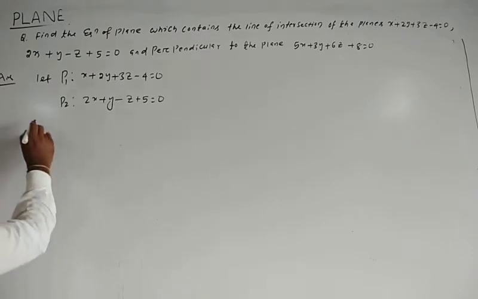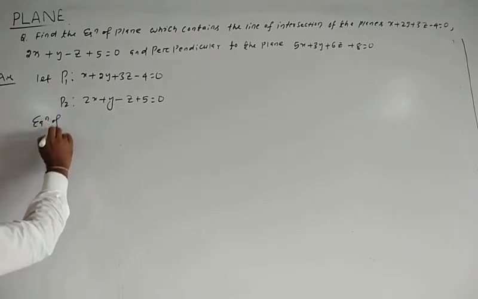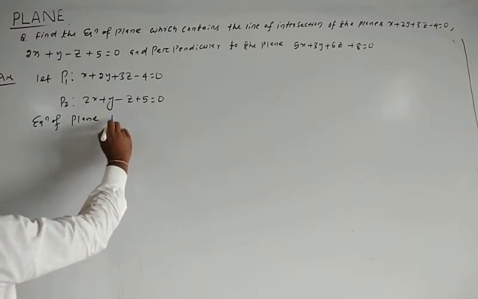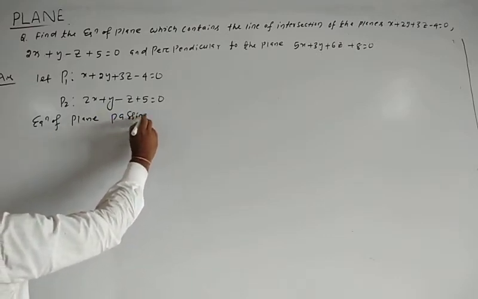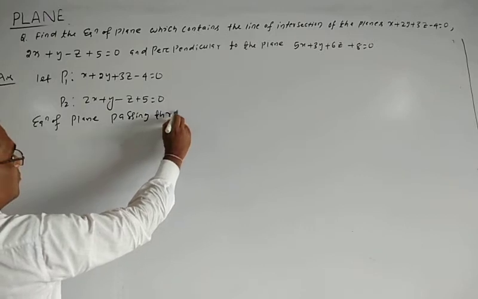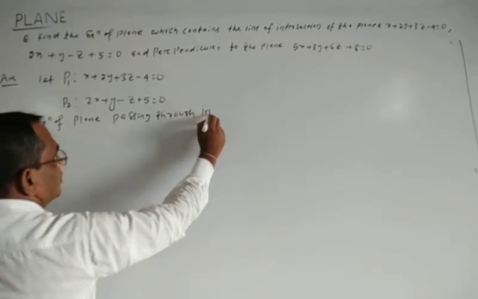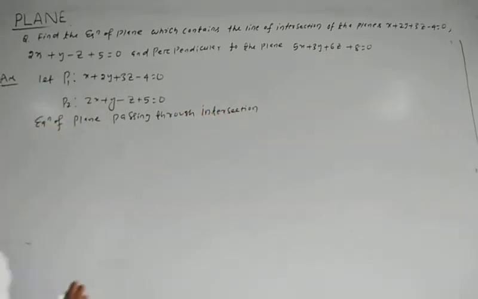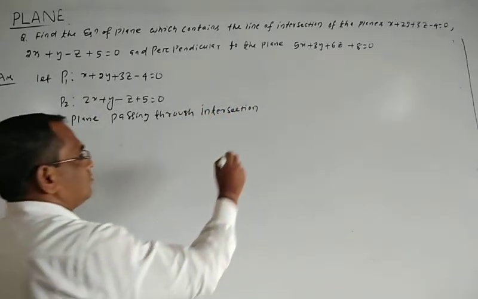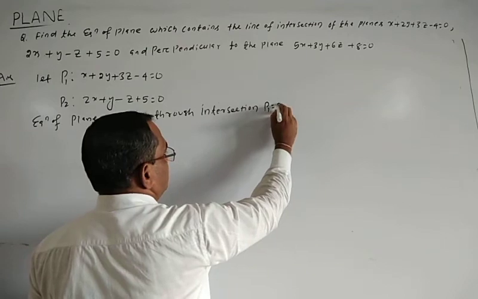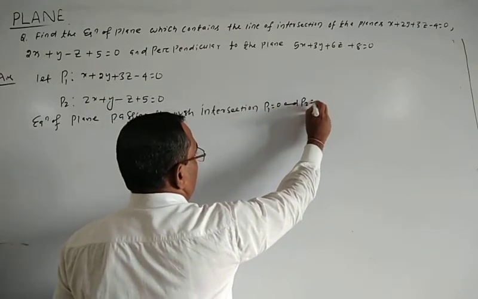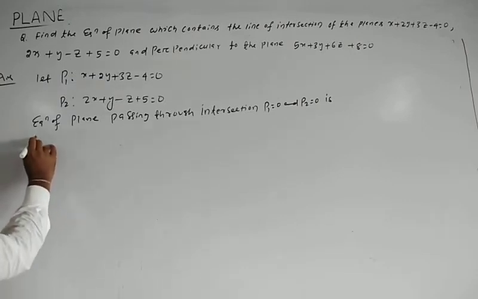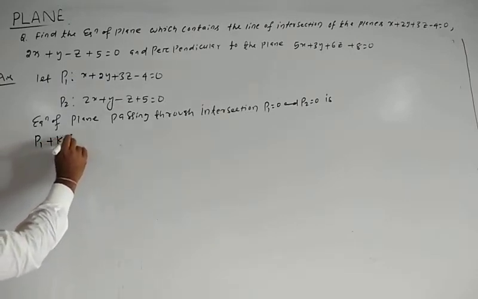Equation of the plane passing through the intersection of P1 equal to 0 and P2 equal to 0 is P1 plus k into P2 equal to 0.